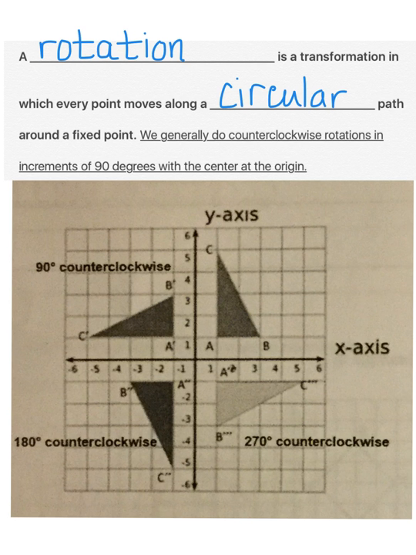If I look at this drawing, I see that I have the pre-image triangle ABC.